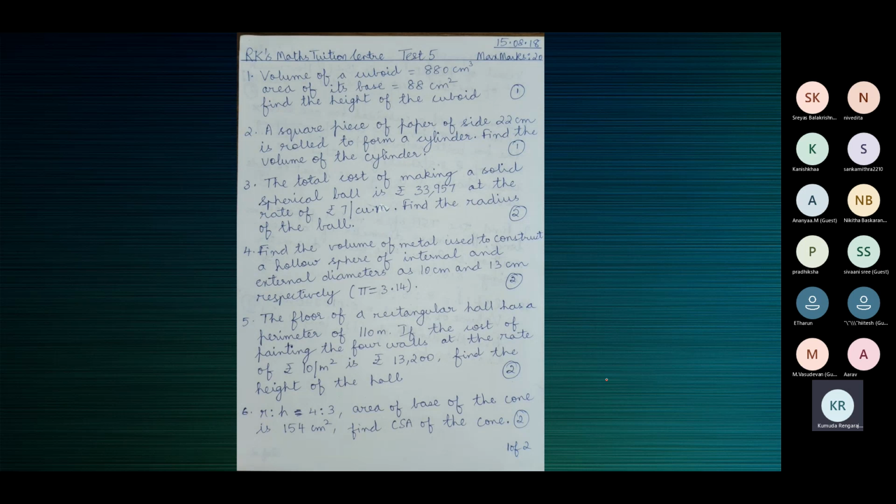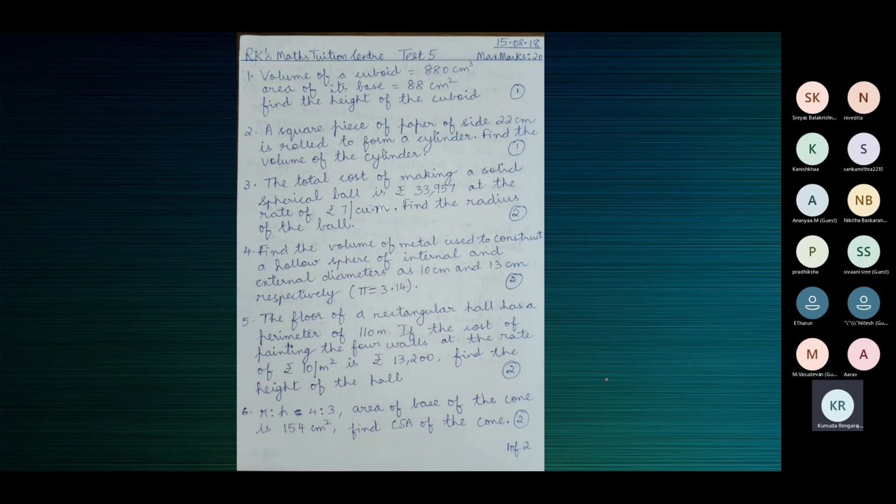It's given that the area of the base of the cone is 154 centimeters square. What is the shape of the base of a cone? Rectangle, triangle, what? Yes, it's a circle. So area of the base means area of the circle, correct? Yes, ma'am. So area of the circle in the cone is equal to 154.